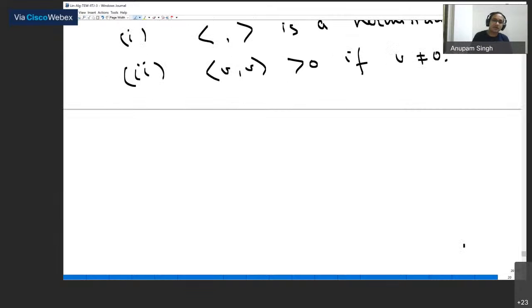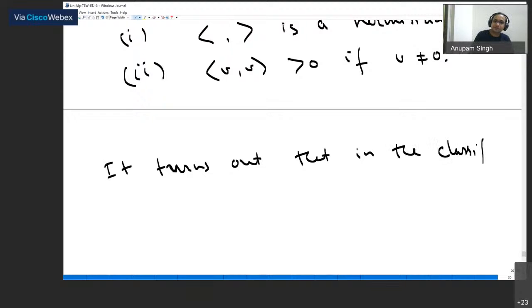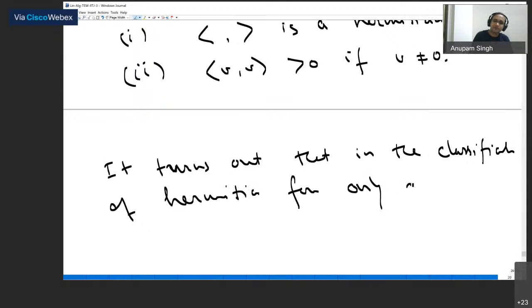And once again, it turns out that in the classification of Hermitian forms written above, only one of them gives rise to an inner product space.